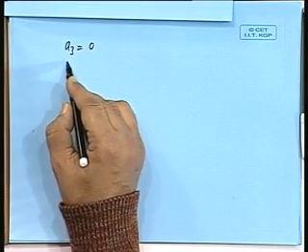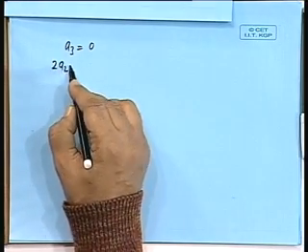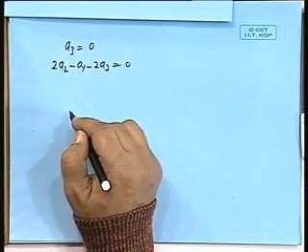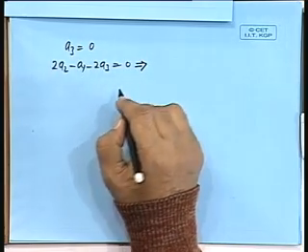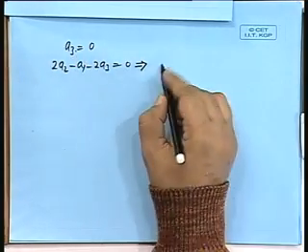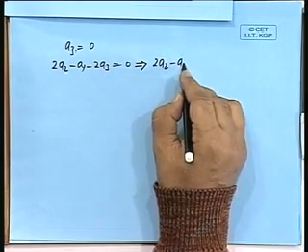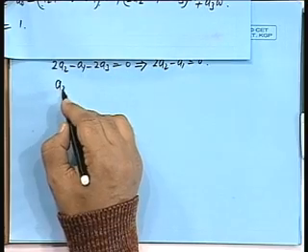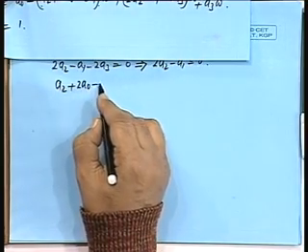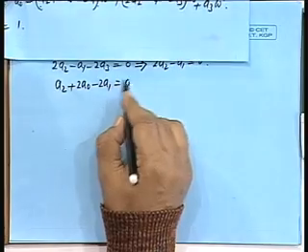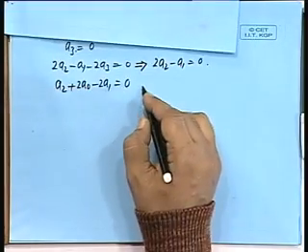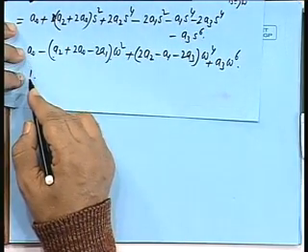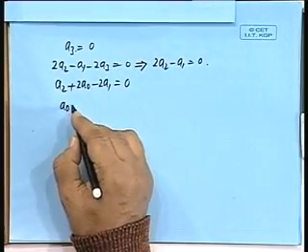Then twice a2 minus a1 minus twice a3 is 0, which means a3 is already 0, so twice a2 minus a1 is 0. Next, a2 plus twice a0 minus twice a1 is 0, coefficient of omega square, that is also 0. And then lastly a0, and that is equal to 1. a0 is equal to 1.